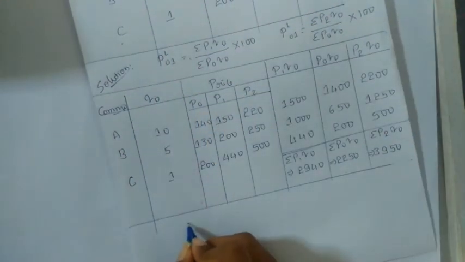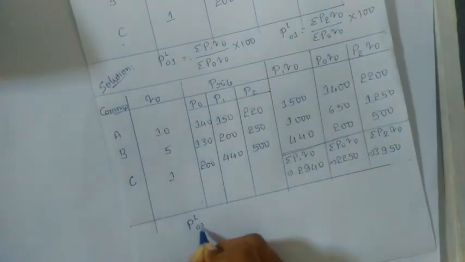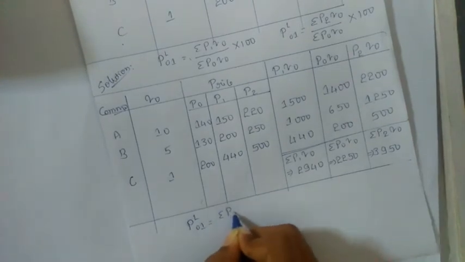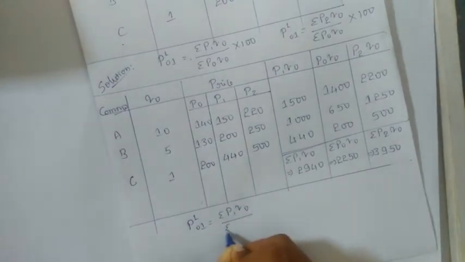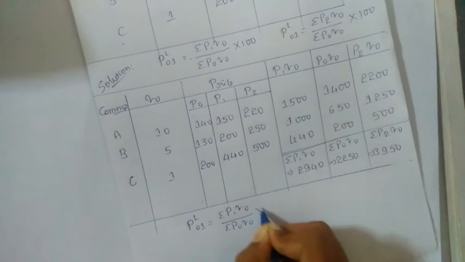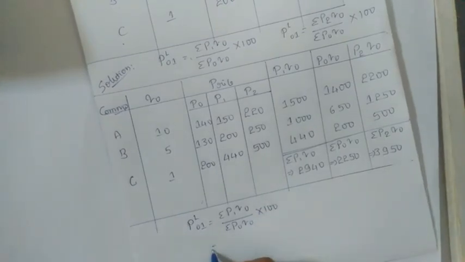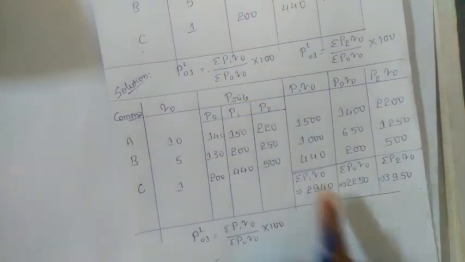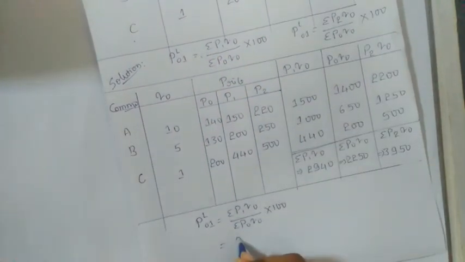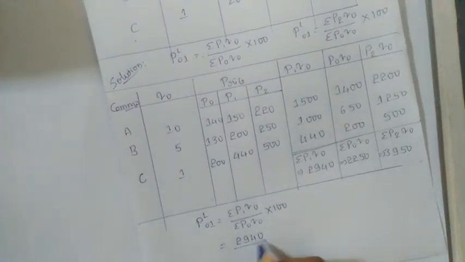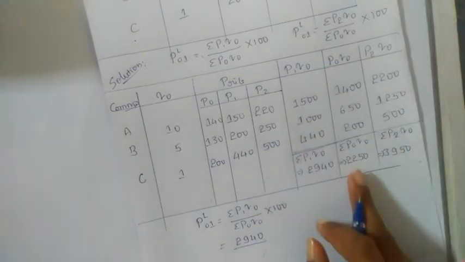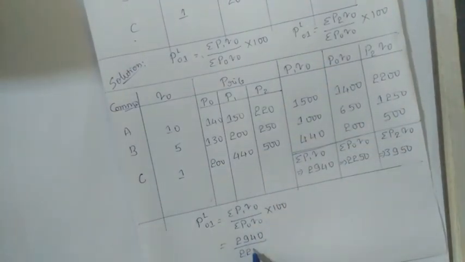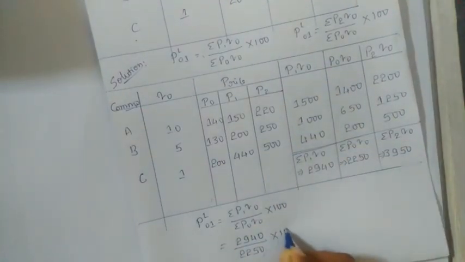Next, apply these values to the formulas. So write here, first one, Laspeyres price index number equals summation P1 Q naught divided by summation P naught Q naught into 100. The value of summation P1 Q naught is 2940. Then the total value of P naught Q naught is 2250, into 100.